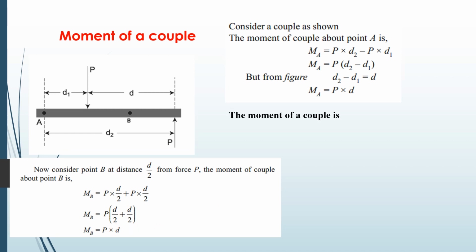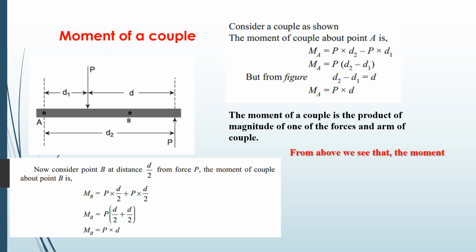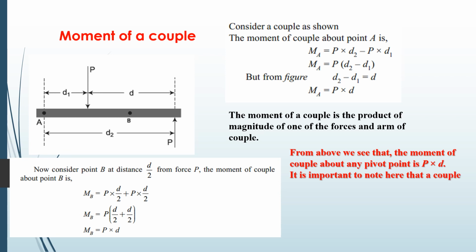So the moment of a couple is the product of the magnitude of one of the forces and the arm of the couple. From the above, we can see that the moment of a couple at any pivot point is P times d.